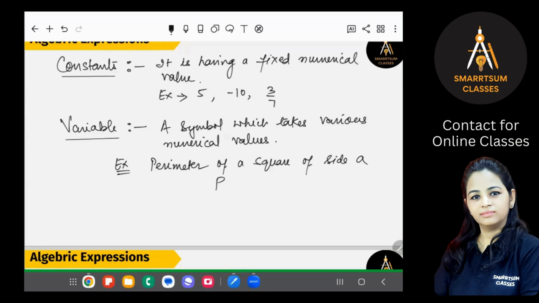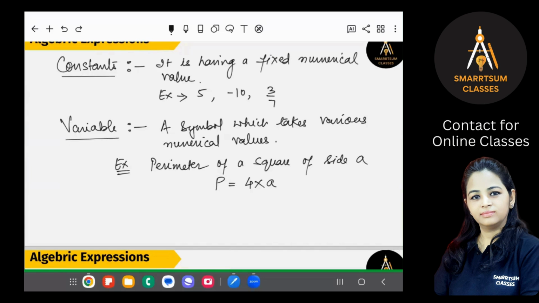P is equal to 4 into A, where A is the side. Since perimeter is the sum of all the boundaries of a figure, we can write P is equal to 4 into A. So now this P is a variable because its value is not fixed.